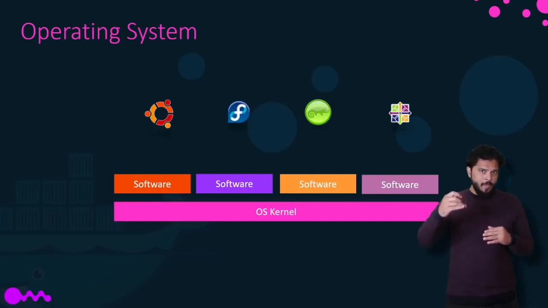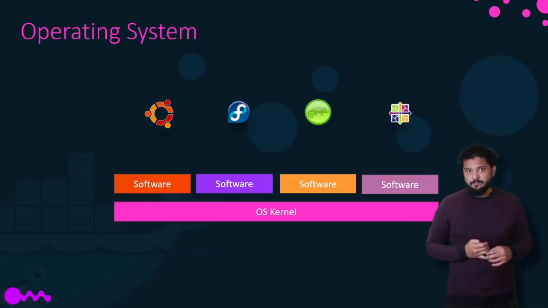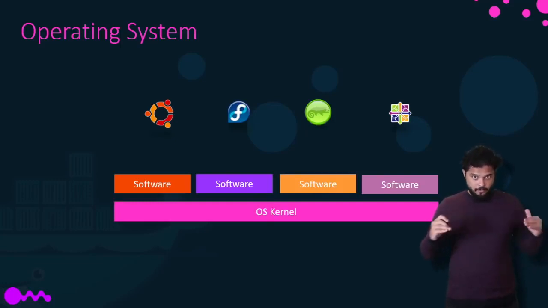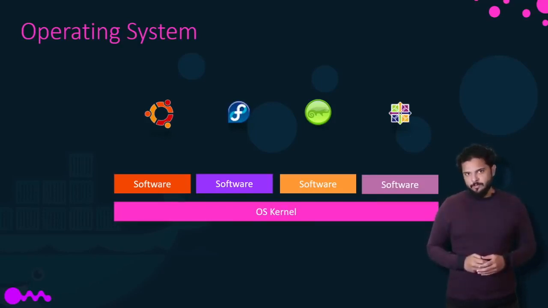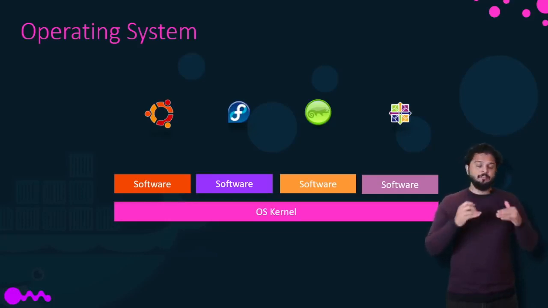It's the software above it that makes these operating systems different. This software may consist of a different user interface, drivers, compilers, file managers, developer tools, etc. So you have a common Linux kernel shared across all OSs, and some custom software that differentiate operating systems from each other.